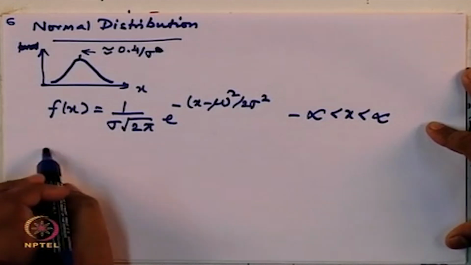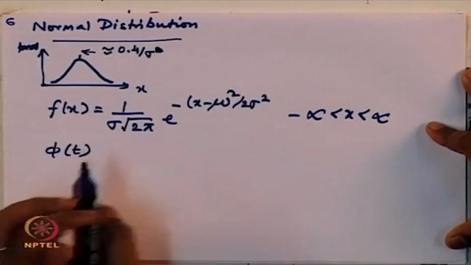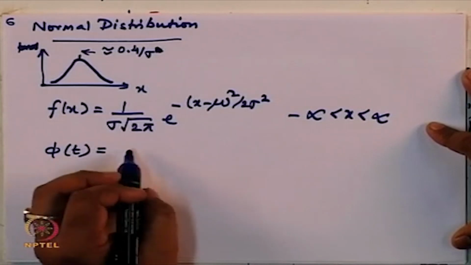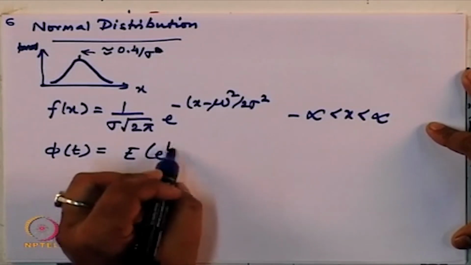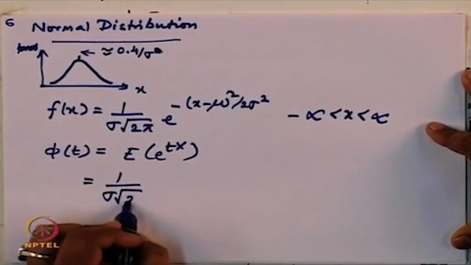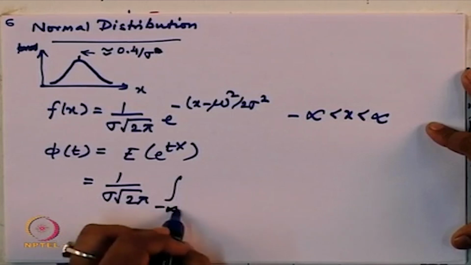For that, again we can use the moment generating function, which is the expectation of e to the power t x. I can take out 1 by sigma root 2 pi, as it is a constant.